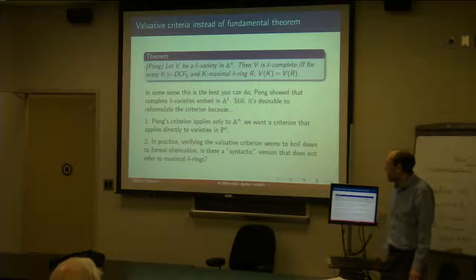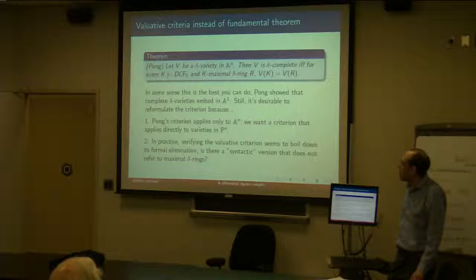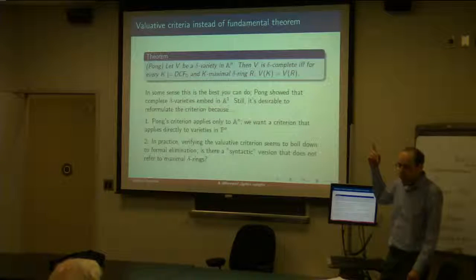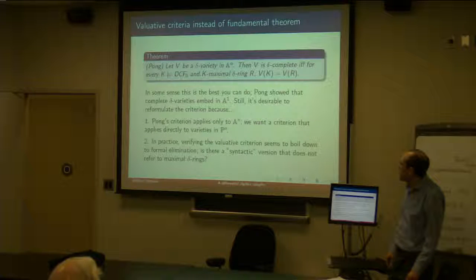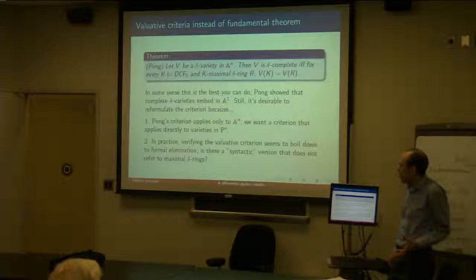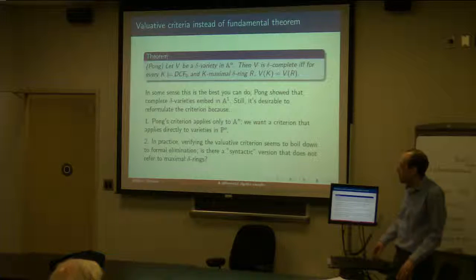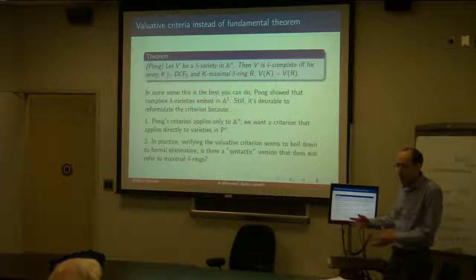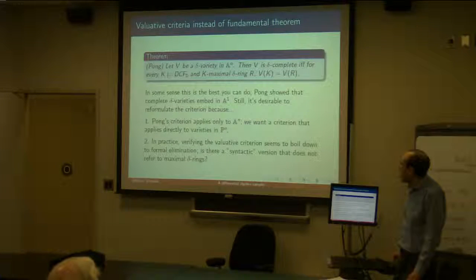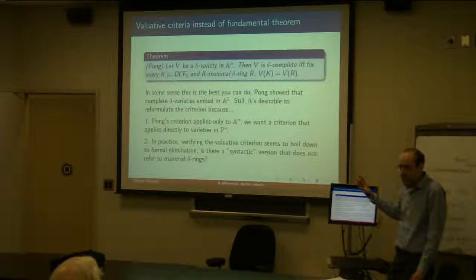And one other thing that makes this theorem here at the top not the end of the story is that when you try to verify the valuative criterion, and I'll say more about what that means in a moment, you feel like you're just working algorithmically, that it's kind of an elimination argument, and you're not really using anything too special about these maximal differential rings.